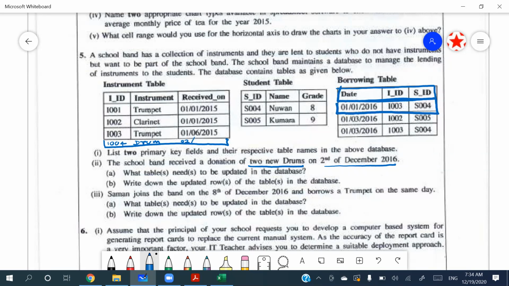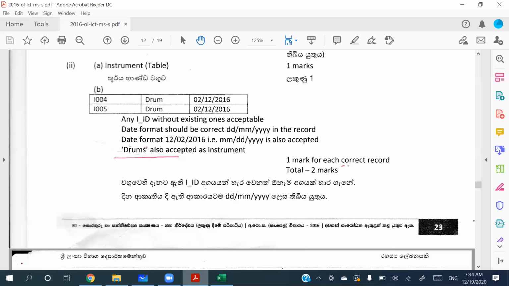So 2/12/2016. I'm having doubts whether they are talking about, yes, they're talking about two things, because the two drums are there. So it's like 1004 and 1005. Two records are being used, right?